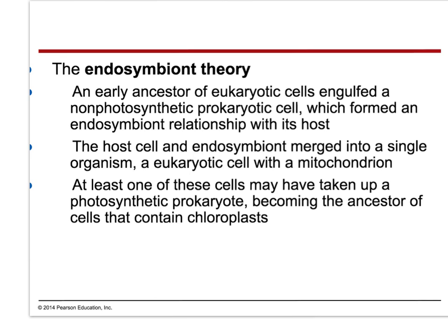So first, there's an engulfing of the mitochondria that establishes eukaryotic cells, and then at least one of those cells engulfed a chloroplast and then gave rise to photosynthetic eukaryotic cells, such as plants and other cells that contain chloroplasts. All right, so there's a progression there.